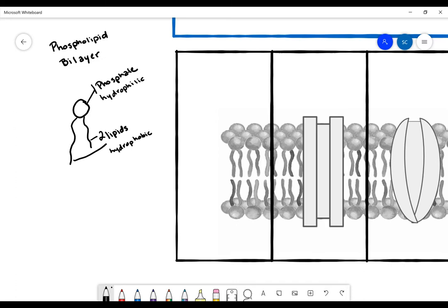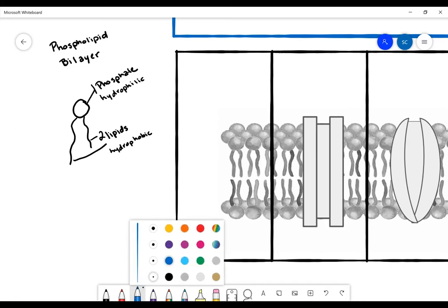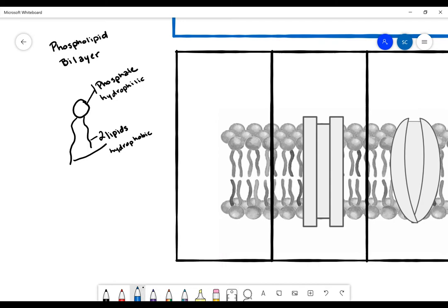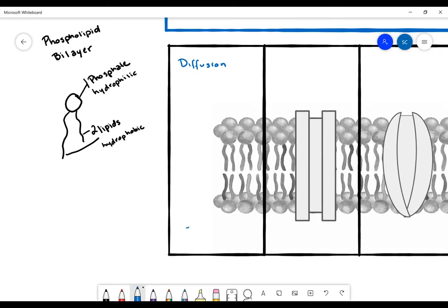Okay, then again, breezing on through to the things that we talked about last day. We looked in this first section of the diagram and we talked about diffusion. We talked about how molecules can move from an area of high concentration to low concentration, again with the model of the tea bag getting put into water.